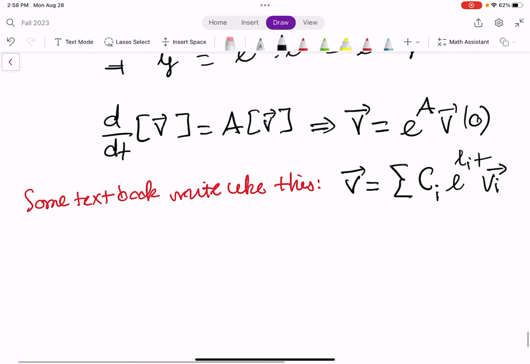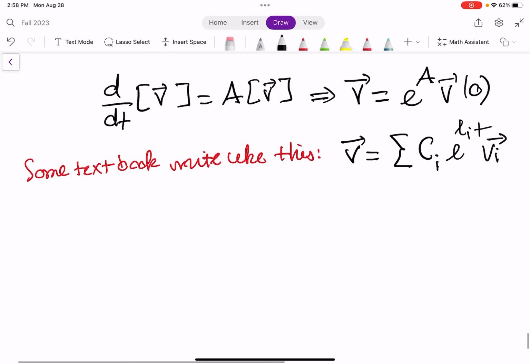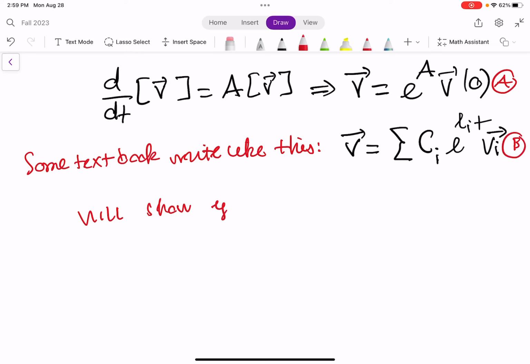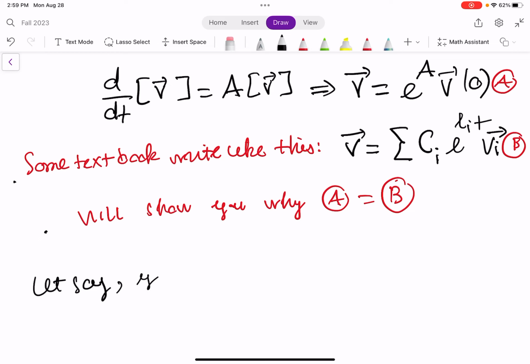So basically, let's set up an example. We'll show A equals B. I will show you why A equals B. So, for example, let's say you have a system like x dot equal to Ax.